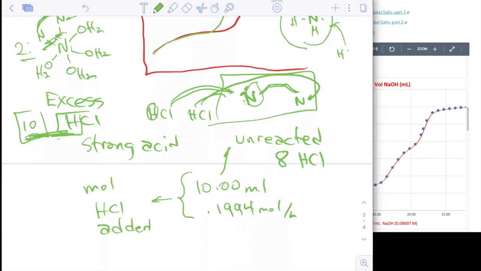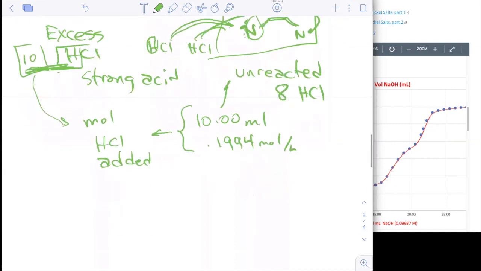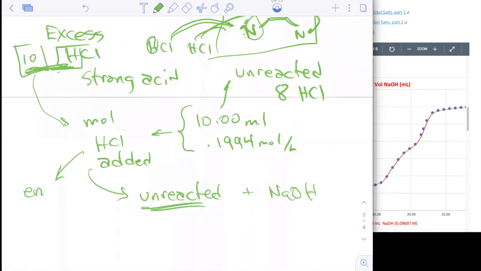Okay, that's the excess amount. That's like the 10 that you added here. Some of it will react with ethylene diamine. Some of it will go unreacted. The unreacted portion is not going to be neutralized by sodium hydroxide, NaOH.